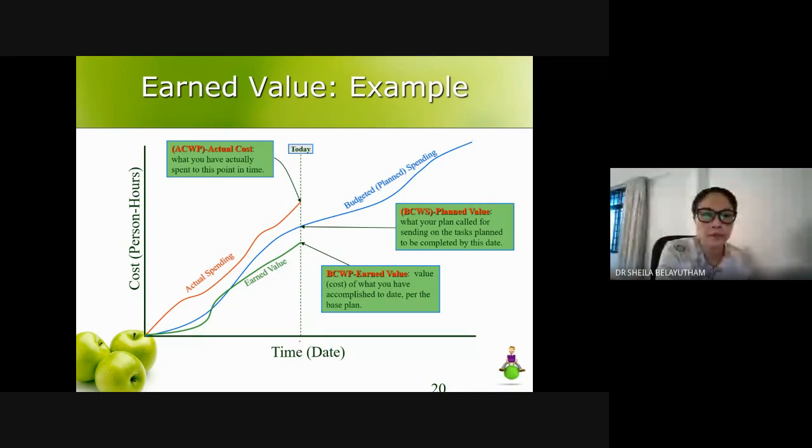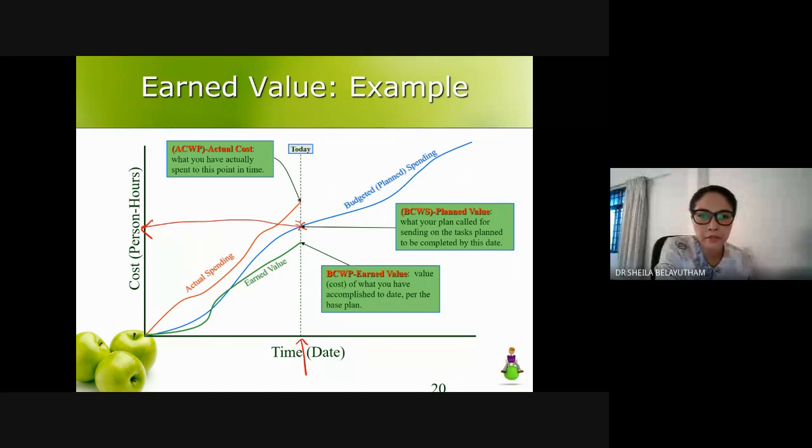Let's say you are monitoring halfway, and you have identified that this would be your planned spending. This will be a planned value. Okay, so you have it here. And on site, what you discover is you have actually spent this much.